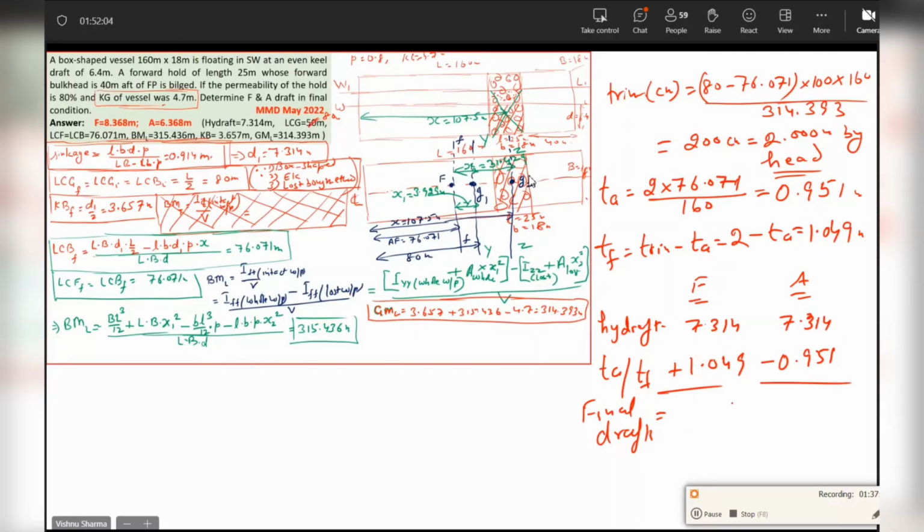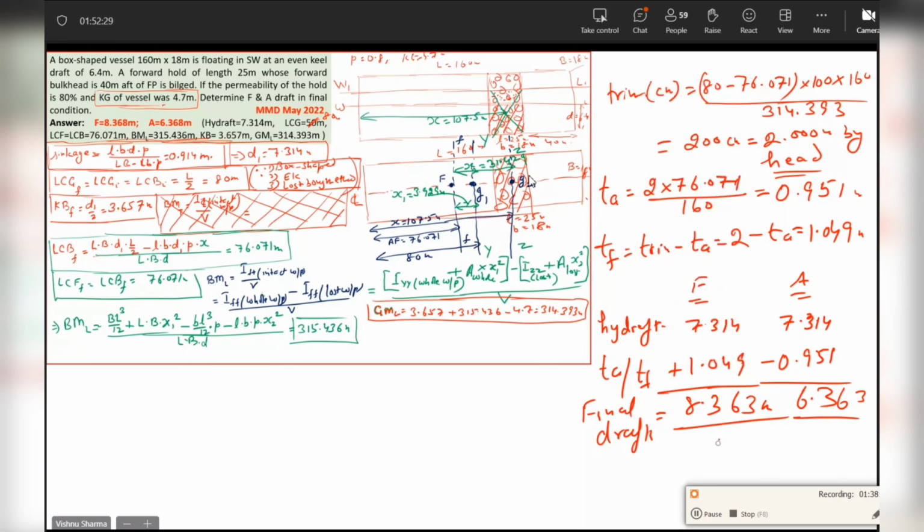Here I can add 13.515 and 16.38, and 8.363 meters. Correct? This is 4 plus 13. Yeah, correct.